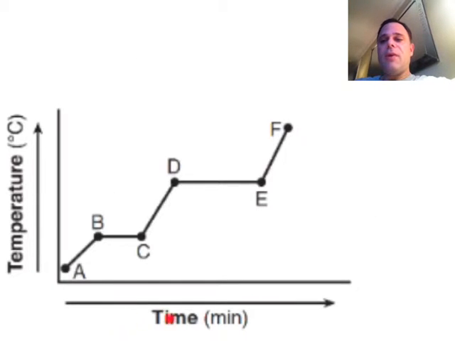There's time here on the x-axis, and this is depicting that as time moves on, there is a constant source of energy going into a substance. And the line here, the slopes, represent what is happening to the substance itself, temperature-wise, as it is absorbing this energy.